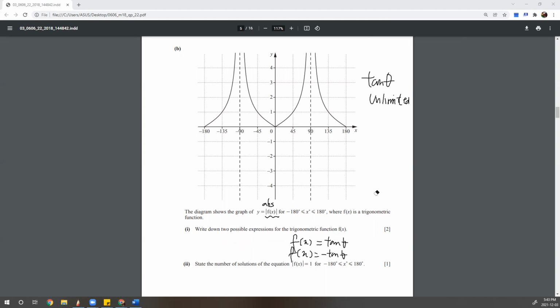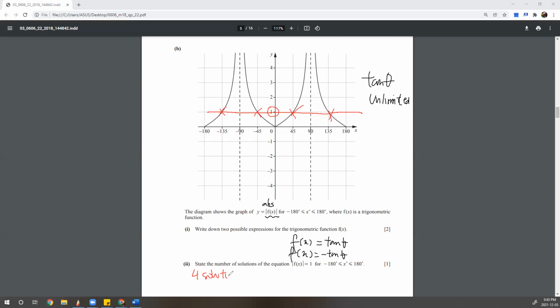Okay. State the number of solutions of the equation f(x) equals 1. f(x) equals 1. What is 1? 1 is the y, right? There you go. So 1, 2, 3, 4 solutions.